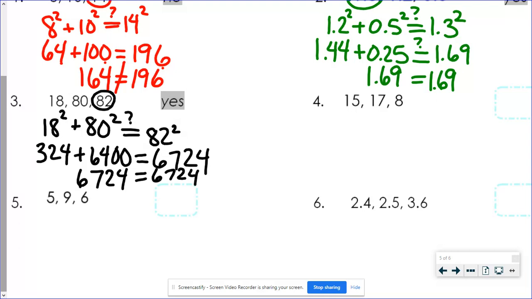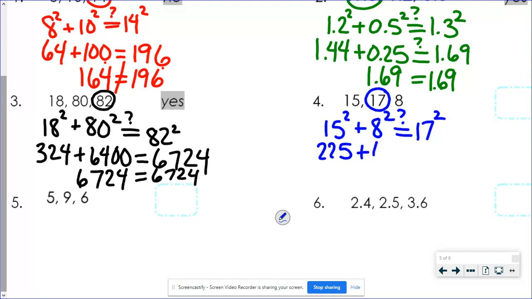In number 4, the longest side is the 17. So I would have to do 15 squared plus 8 squared. Does that equal 17 squared? 15 squared, that's 225. 8 squared, that's 64. 17 squared, let me just double check that one, that's 289.